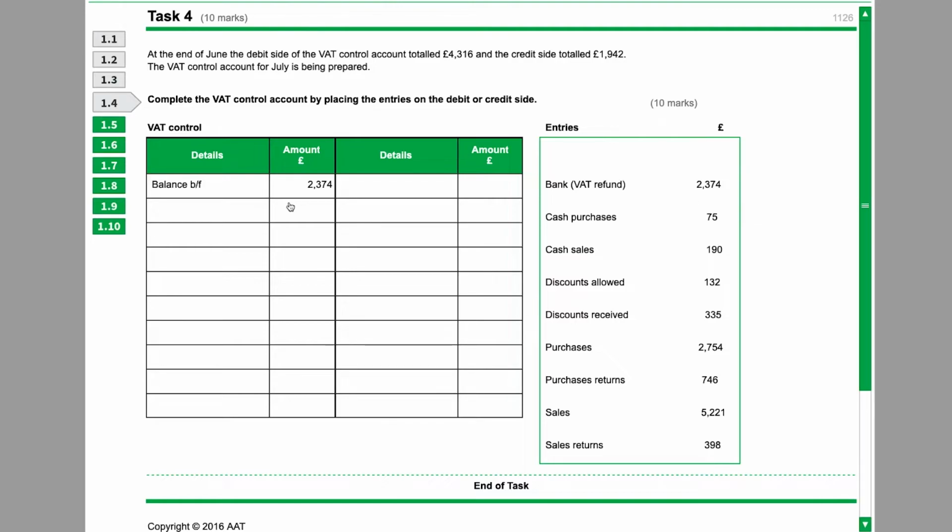However, it is definitely possible. Now, if that was the case, as it is here, the debit side is higher than the credit side. So that balance brought forward will be brought forward onto the debit side.